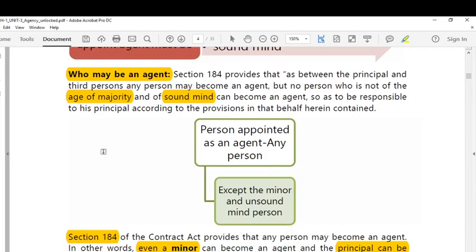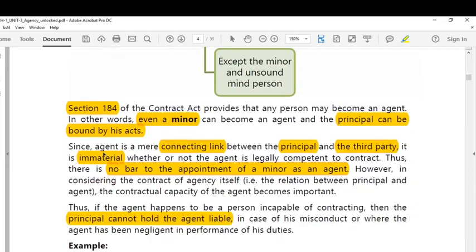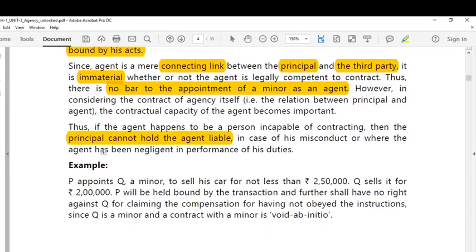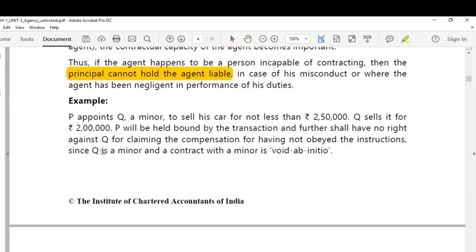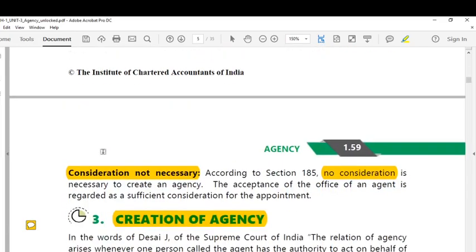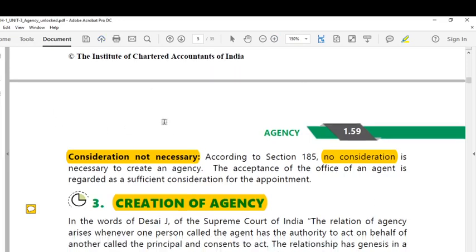Sometimes a principal may appoint a minor as an agent; in all such cases it is the principal who is responsible and liable to the third party for the conduct of the agent. He cannot make the minor agent liable to him for his misconduct or negligent performance. This is all about the first topic.